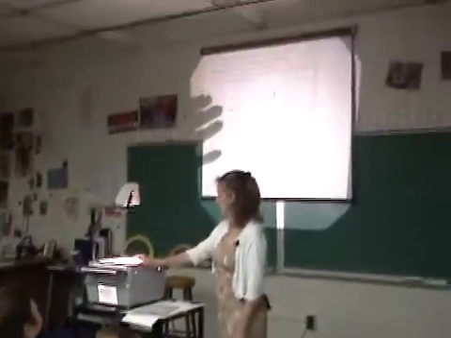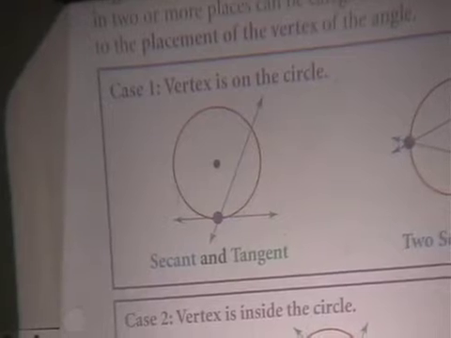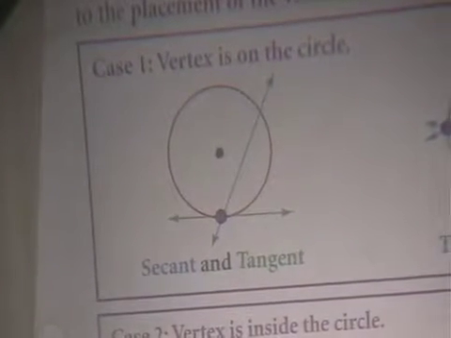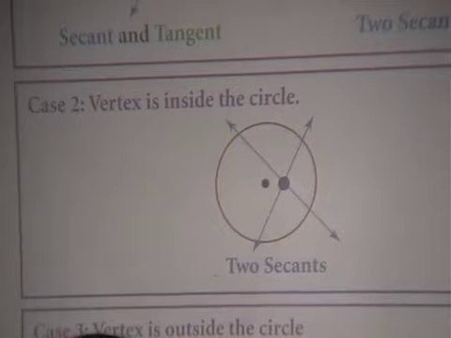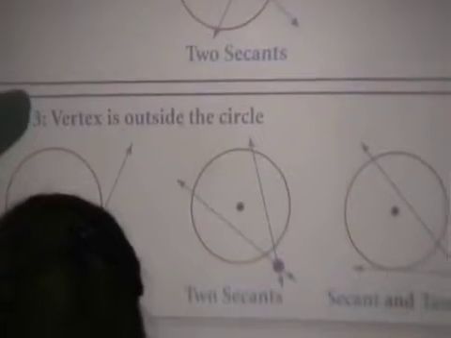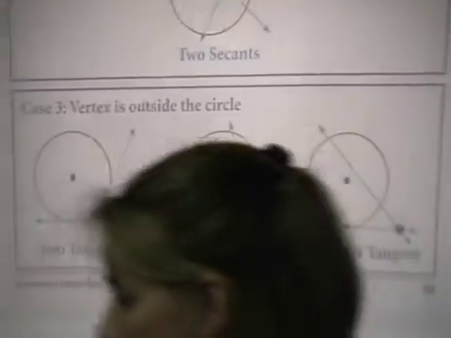They're angles formed by secants and tangents. Here's all different cases. It all depends on where the vertex is and the type of lines that it includes.